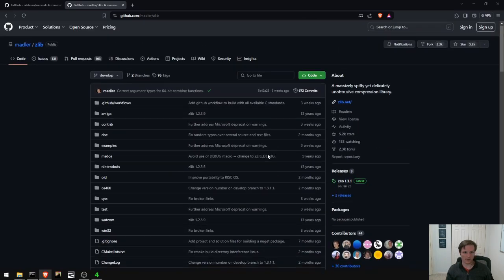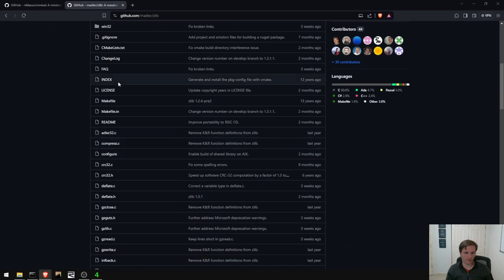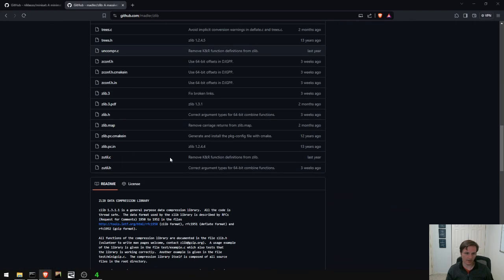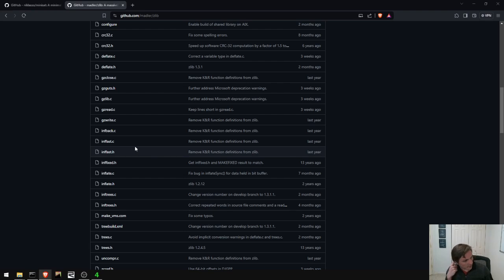Yeah, this looks like it might be pretty easy to build. If what they're saying in chat is true, then it's just a matter of building all these C files and linking them together into your project or into a static file or something.